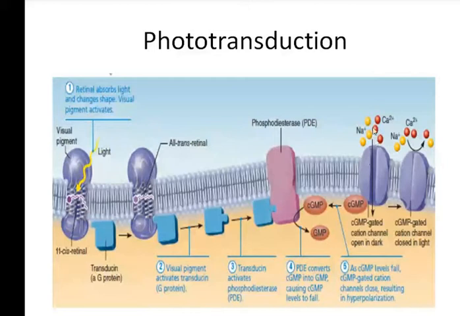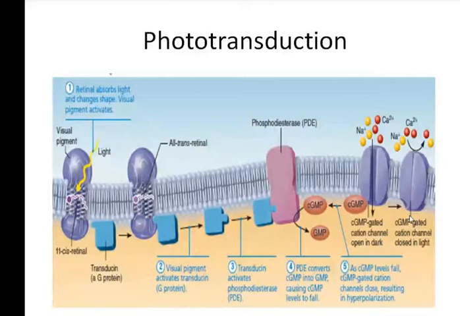So cGMP was there to keep this sodium channel open. When the activated phosphodiesterase enzyme is there due to light, cGMP is converted into GMP. So when cGMP is not there, what will happen to this channel? It will get closed, isn't it? So no influx of sodium is going on.